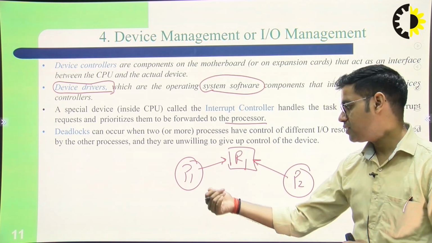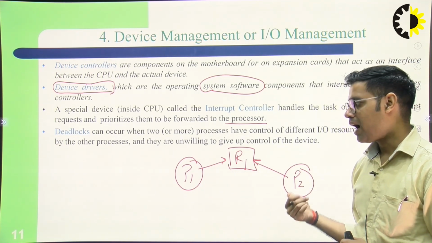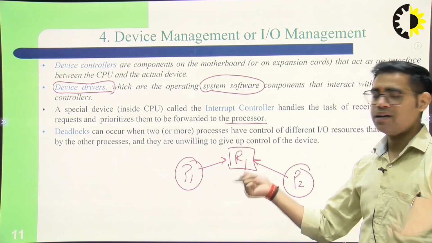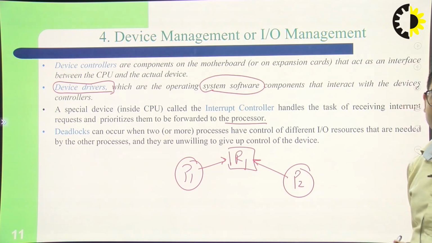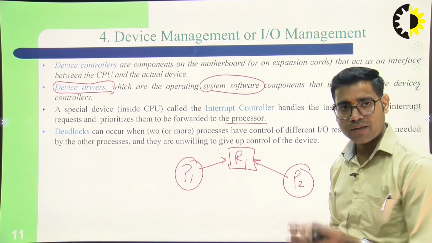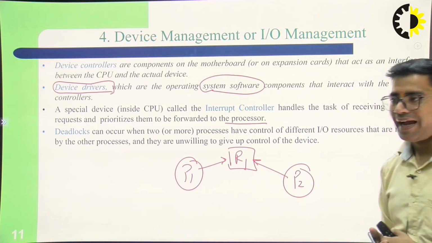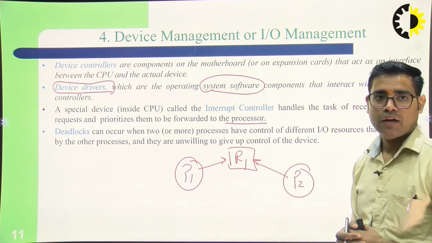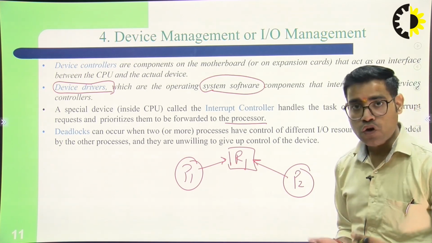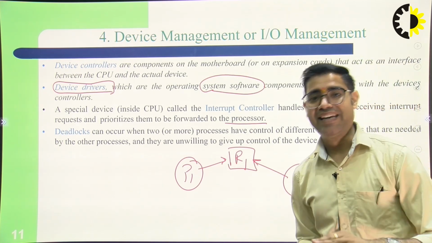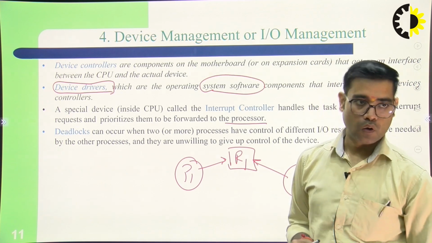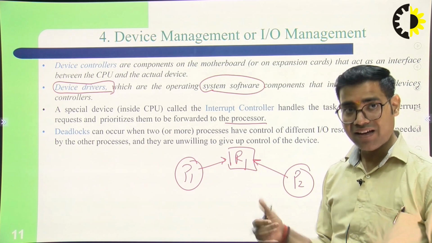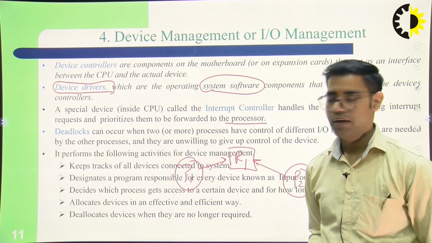Here two processes are requesting the resource, so a deadlock can occur. So it is the responsibility of an operating system to control the resources and ensure that the system never goes into deadlock. This is the responsibility of an operating system in input output management.